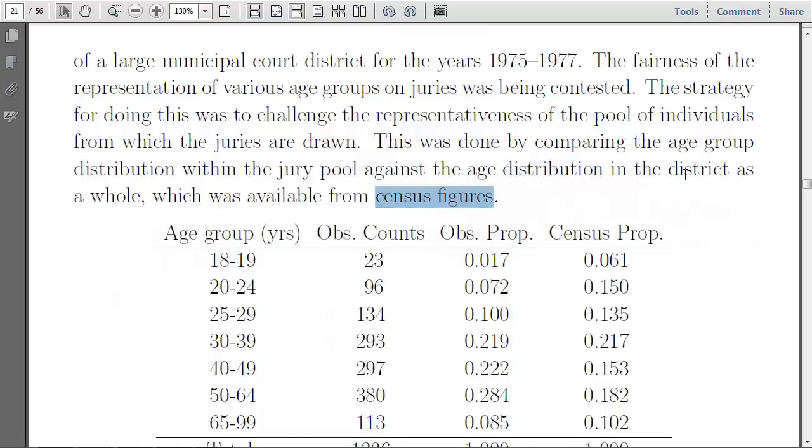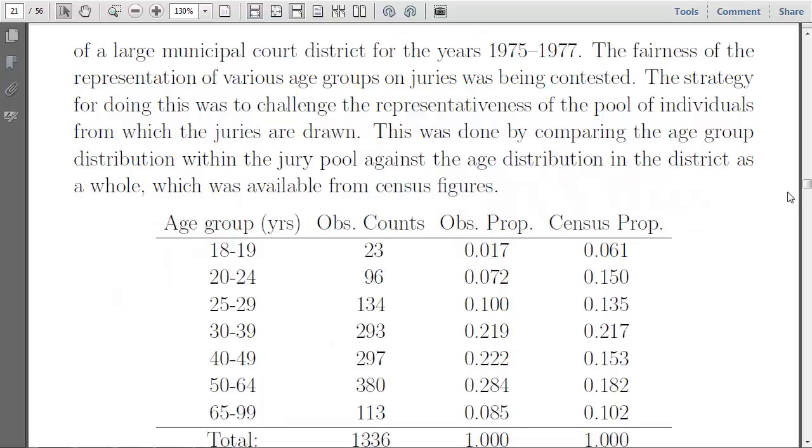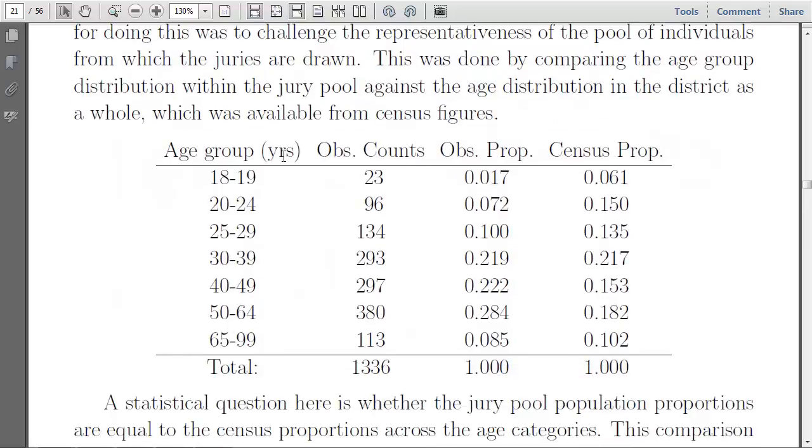So you look at the census numbers, and so here's all the data for what we observed in the jury pool as well as in the census. So here's age groups, and we've got 7 age groups here. We've got young people, 18-19, and we've split the people in their 20s into 2 categories. And we've got decades for the 30s, 40s, and then the 50s through 64, and then everyone from 65 and up.